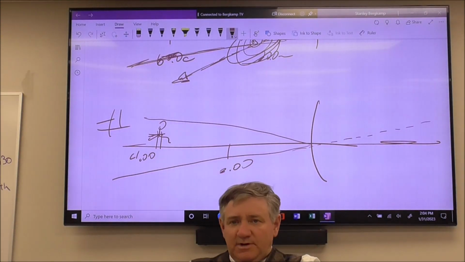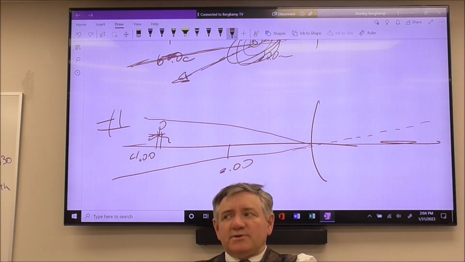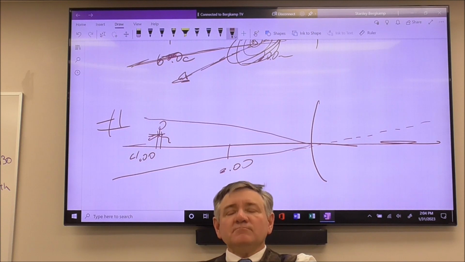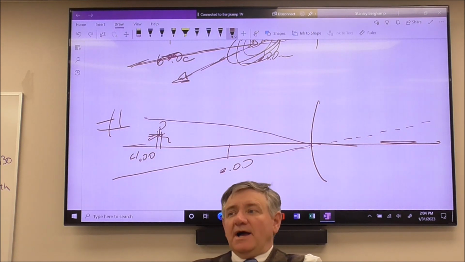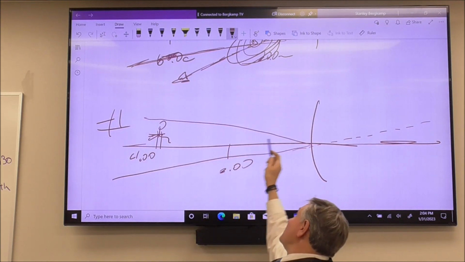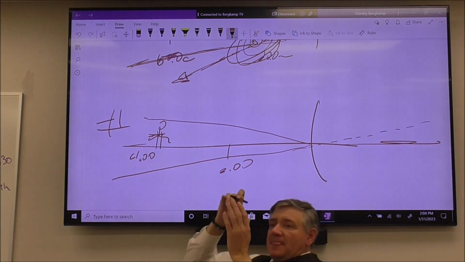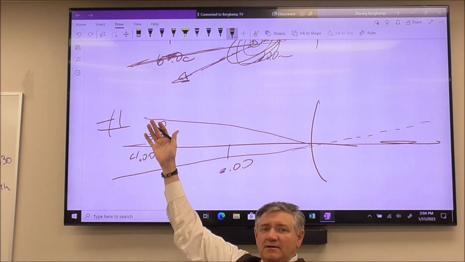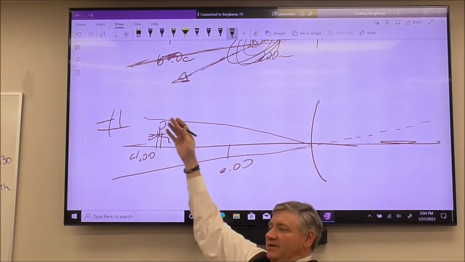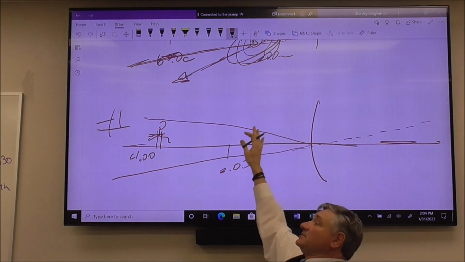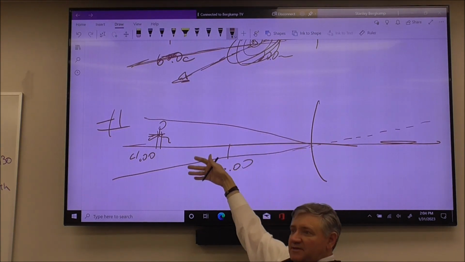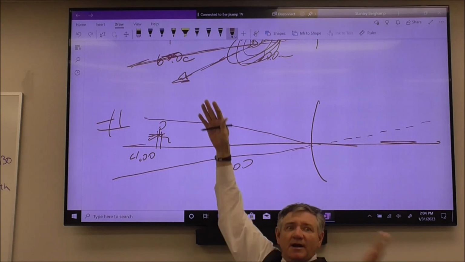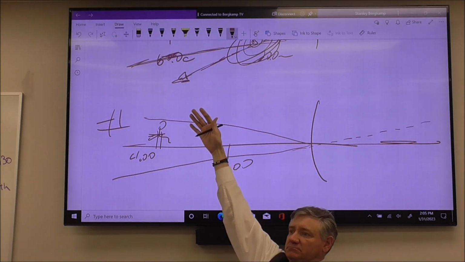Now, convex mirrors only produce virtual images, okay? And here's the reason why. The optics are that it's going to hit this mirror and it's going to scatter, okay? Since that light is scattering and being bounced off of here, there's no way that I can make them cross on this side, because it's hitting here and they're being spread out, okay?